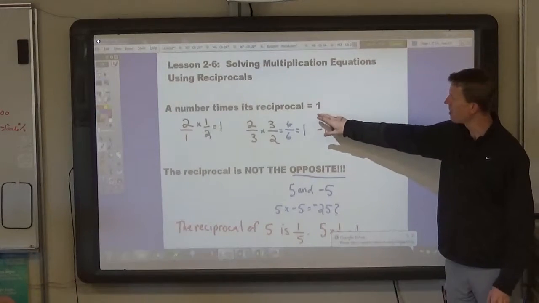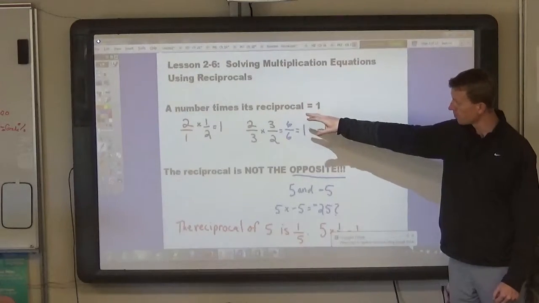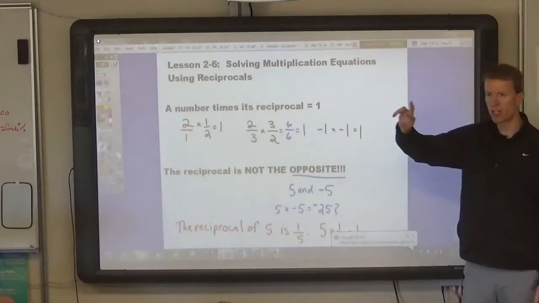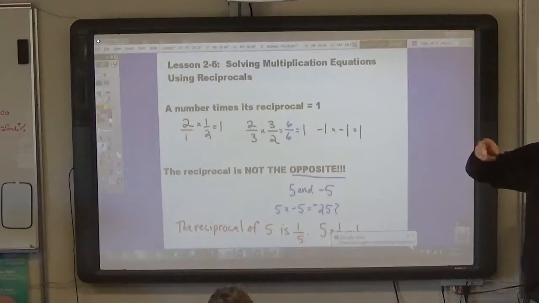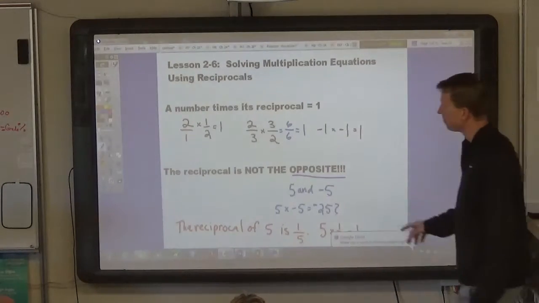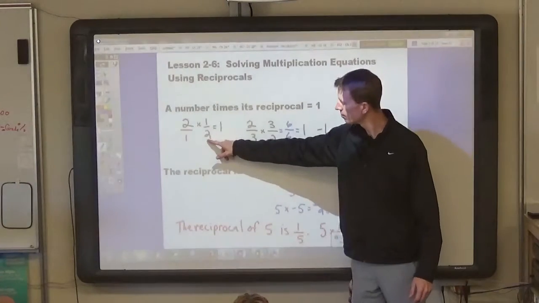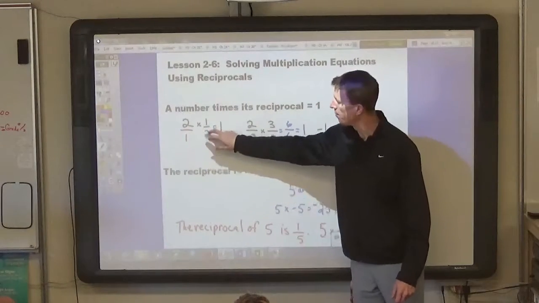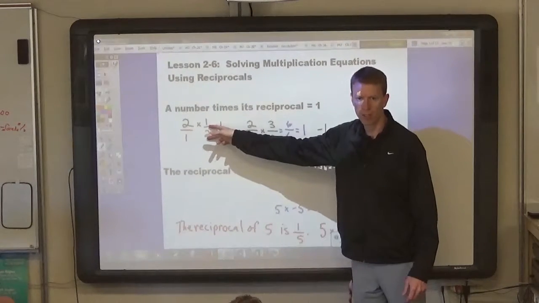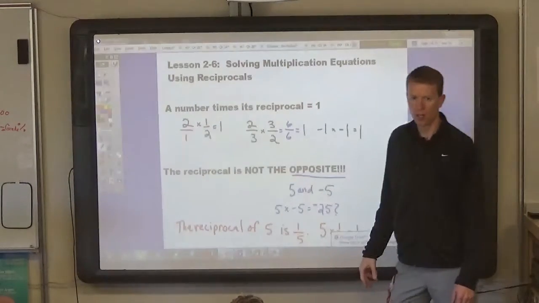Let's review the concept of reciprocals. A reciprocal, especially a reciprocal of a fraction, is the fraction that's flipped over. So if you start with 1/2, the reciprocal of 1/2 is 2/1. This fraction is flipped over, and these two numbers together are called reciprocals.